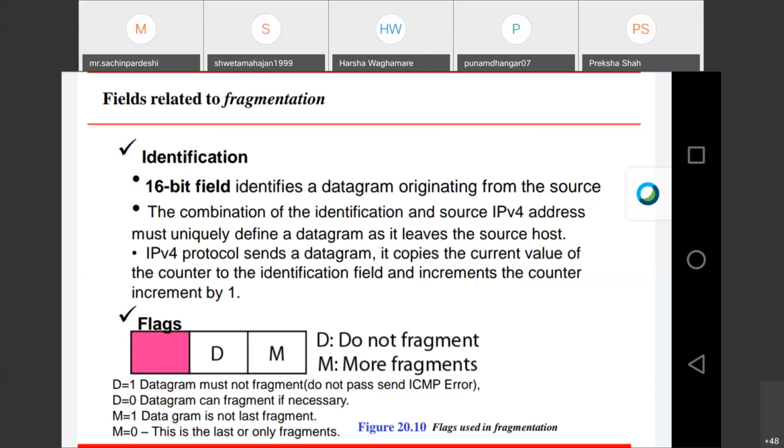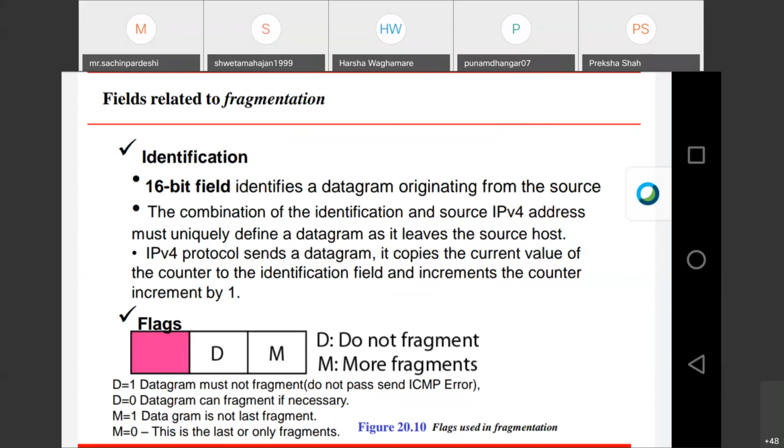And how is the identification value added? Whenever a datagram is forwarded, there is a counter. The counter value is copied into the datagram, and this counter is incremented by 1. So whenever sending a datagram, the counter value is copied into the identification field.